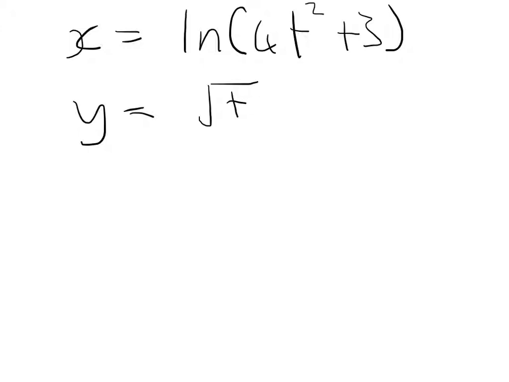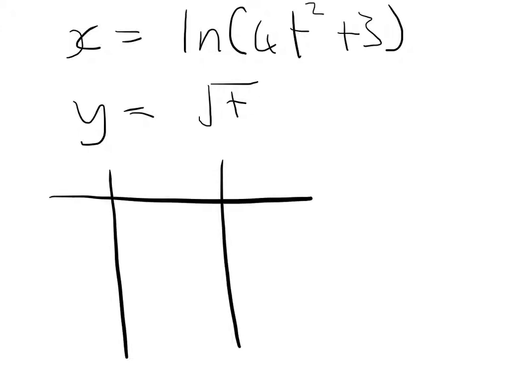Right, so we can draw up our little table. Now we've got some particularly nasty numbers in here, so we're going to have to actually put some things into our calculator in order to be able to get these ones.